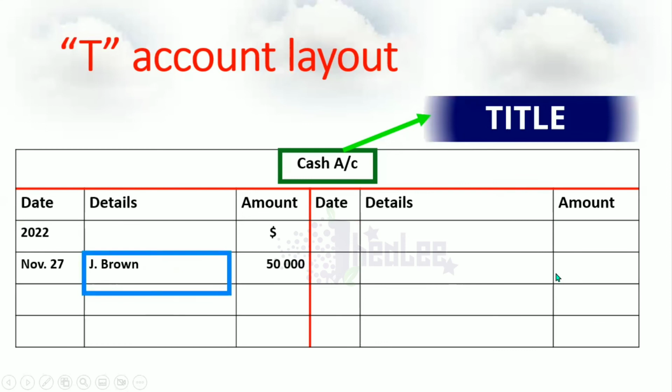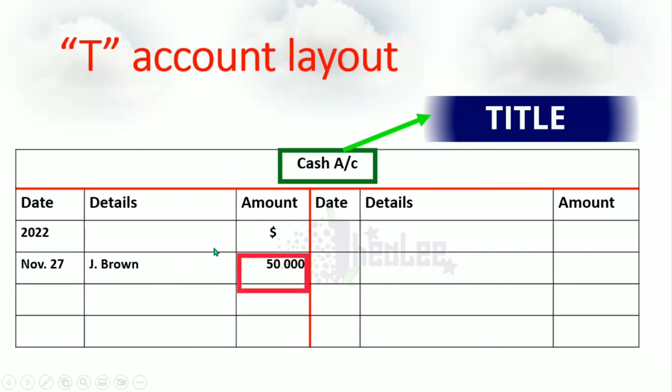Okay? Now, you're also seeing the amount, and the amount is $50,000. So this is saying based on the transaction that the amount is 50,000.